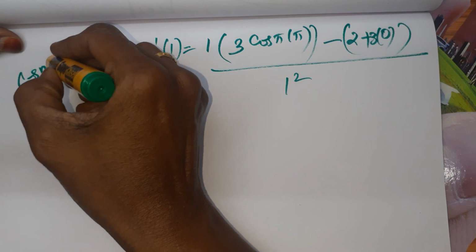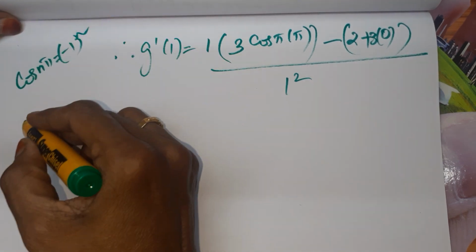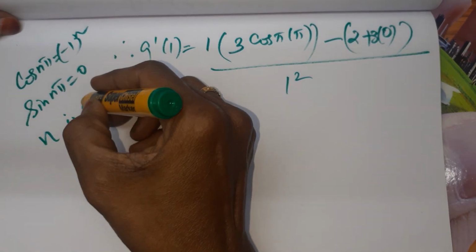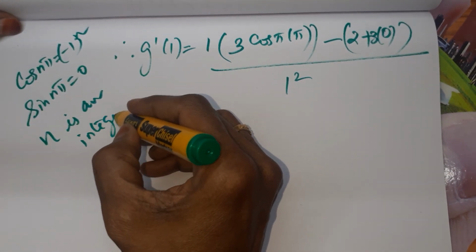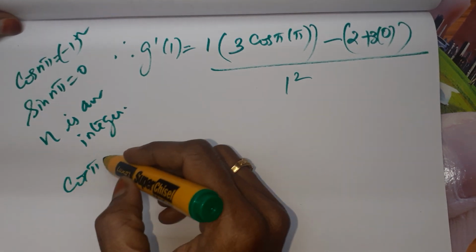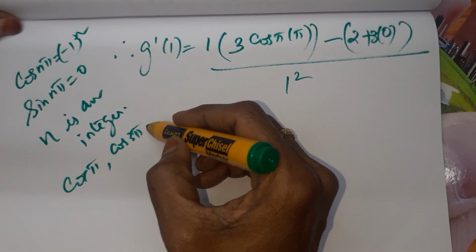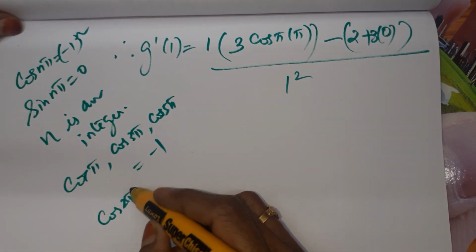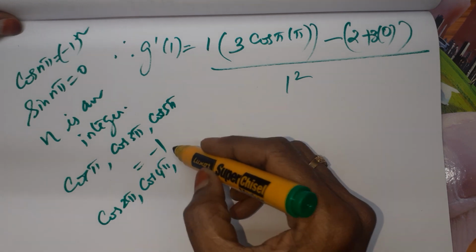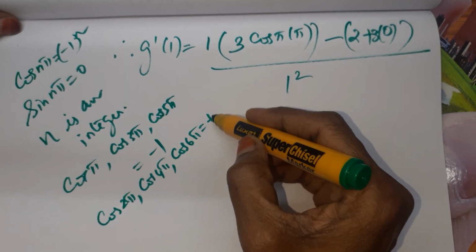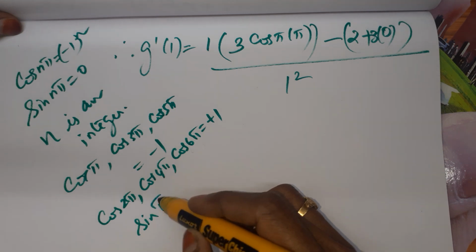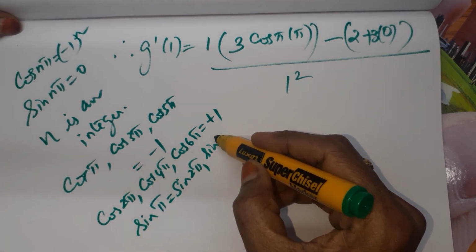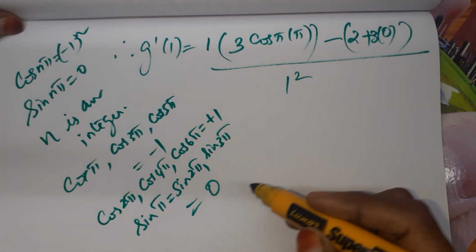Cos n pi is equal to minus 1 power n. Sin n pi is equal to 0 when n is an integer. Only for integers, cos pi, cos 3 pi, cos 5 pi all give minus 1. Cos 2 pi, cos 4 pi, cos 6 pi all give plus 1. For sine, whether it is sin pi, sin 2 pi or sin 3 pi, all the values are 0.